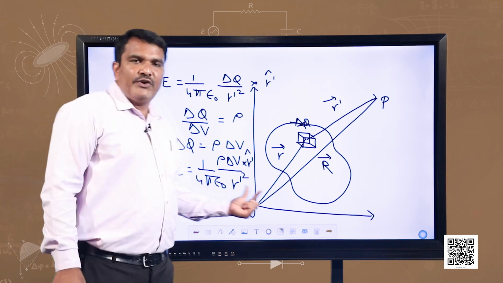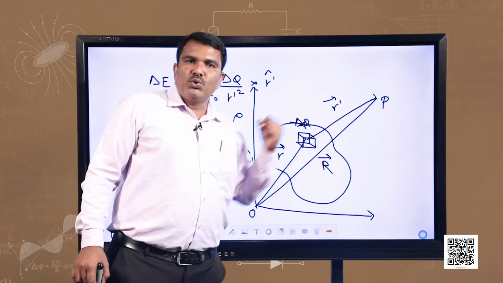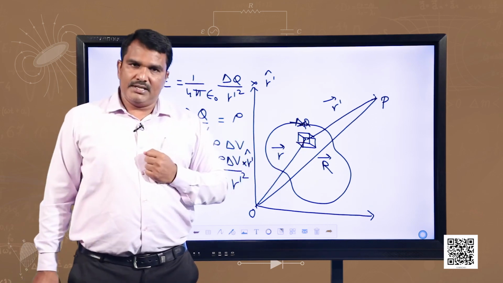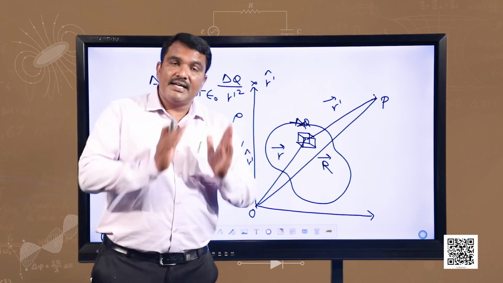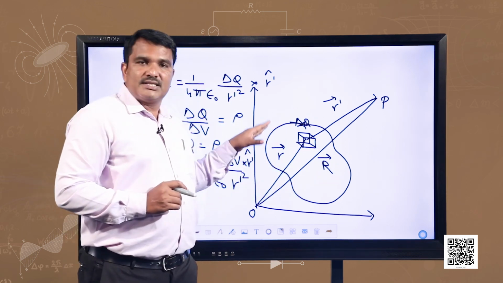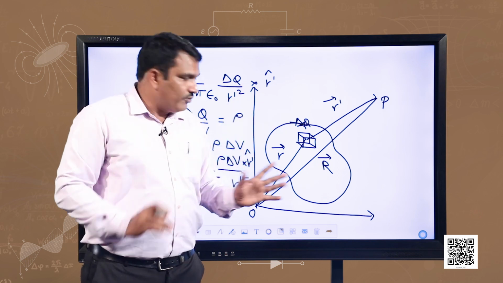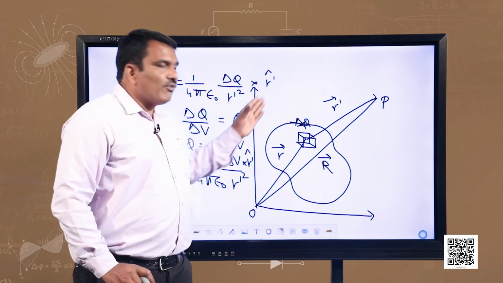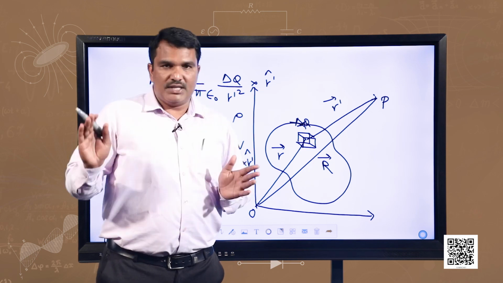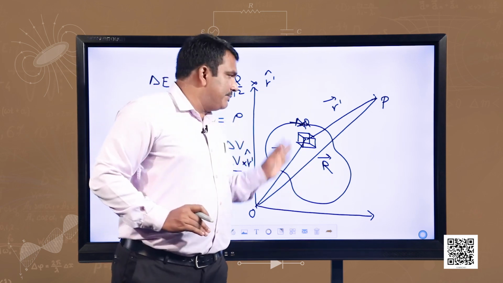So, this is the electric field at point P due to the charge contained in this small volume element. Now, to find the net electric field due to all such volume elements which can be cut from the total volume, we just do a summation over all the volume elements.